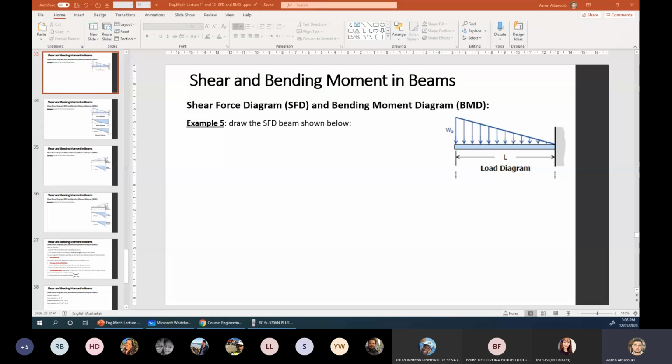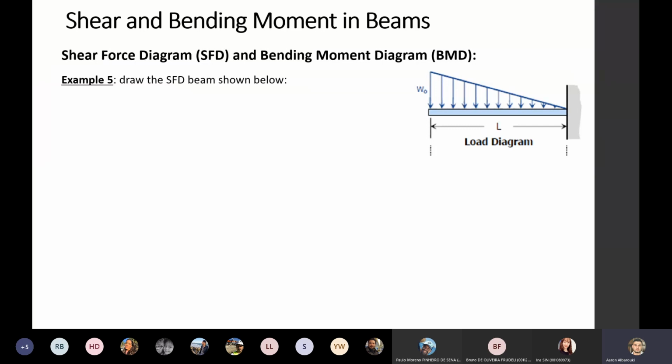Can anyone tell me from looking at this beam here? Curve with the increasing value. Yep, well done, Gian. Can you say it again, please? Downward curve with increasing value. Okay. So that's in the previous slide.